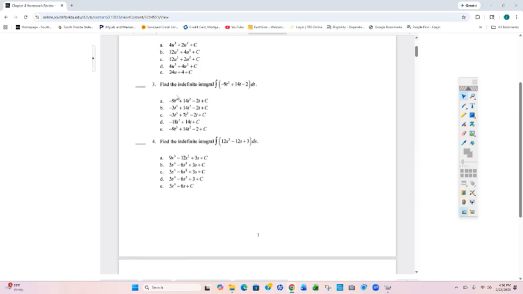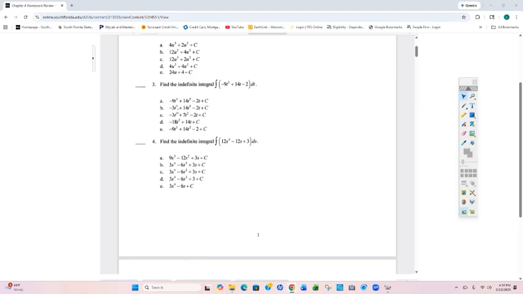Number 3, find the indefinite integral. The integral symbol, open parenthesis, negative 9t squared plus 14t minus 2, close parenthesis, dt. So the integral of negative 9t squared plus 14t minus 2 dt. Answer A, negative 9t cubed plus 14t squared minus 2t plus c.